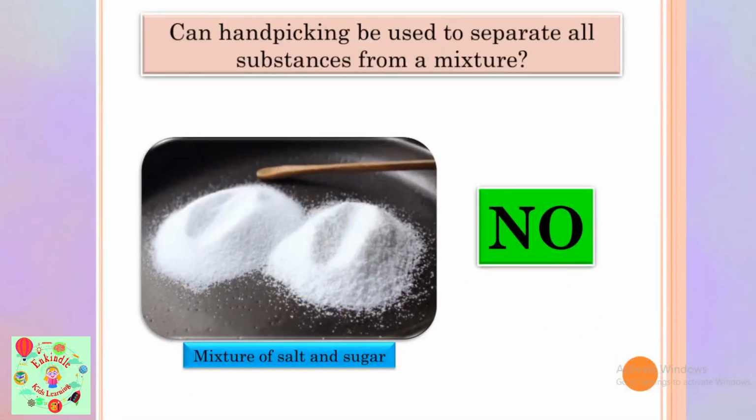Can hand picking be used to separate all substances from a mixture? No. How did we realize it? We took an example of salt and sugar. Were you able to separate salt or sugar by hand picking method? No. Then we saw other methods of separation.